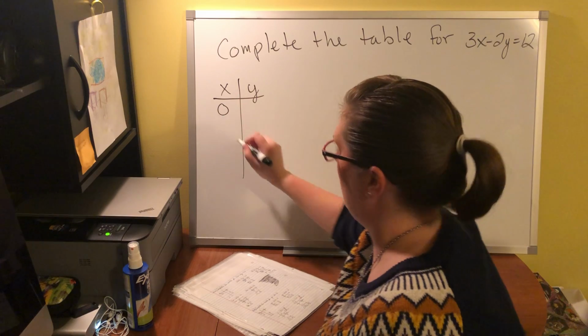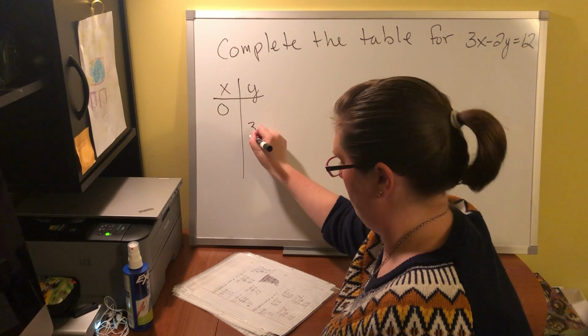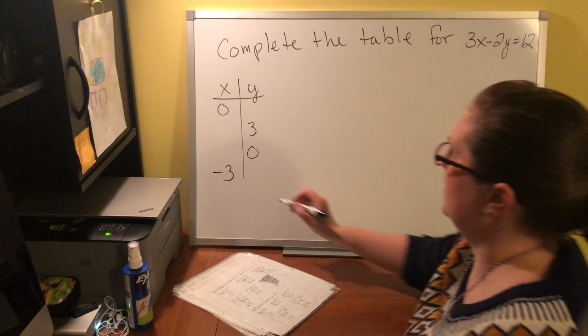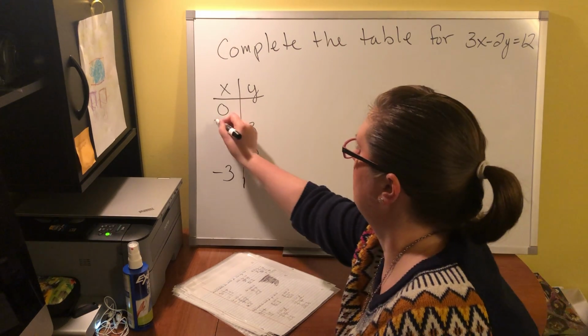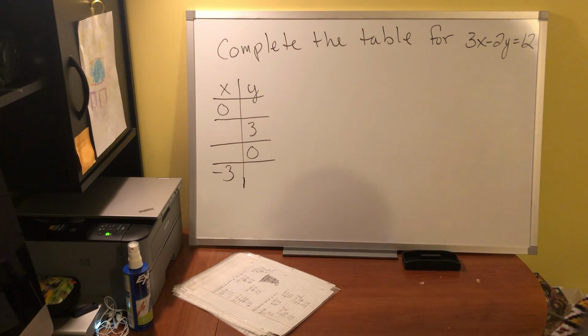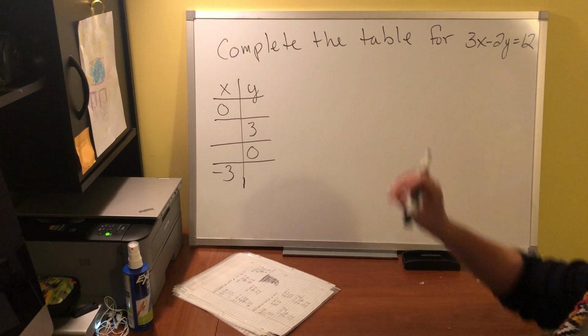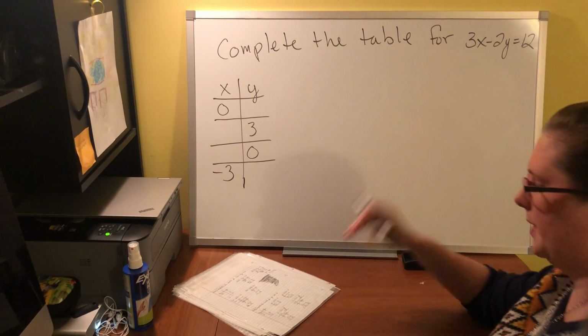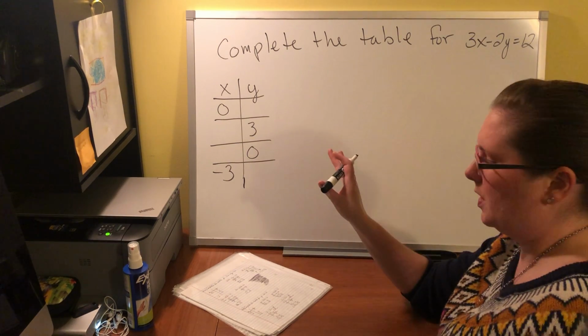So this one we have a 0, a 3, a 0, and a negative 3. We're going to have to find the unknown solutions for our coordinates, either the x-coordinate or the y-coordinate, solving for those variables.